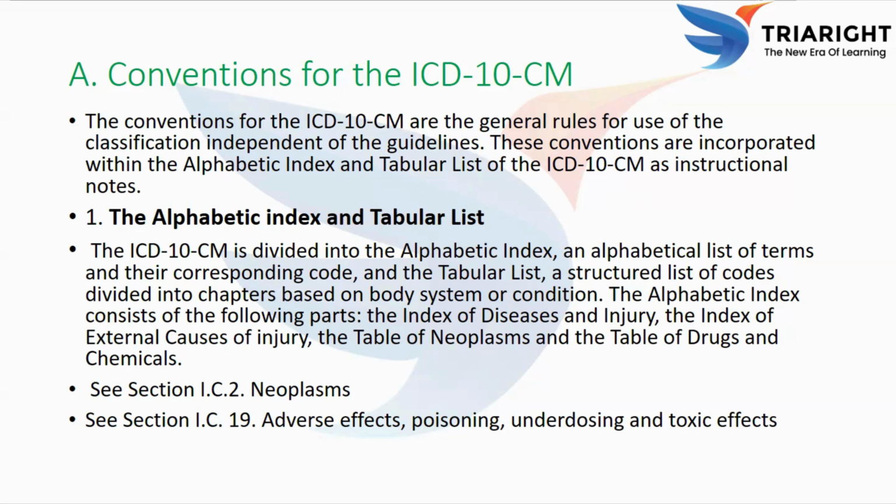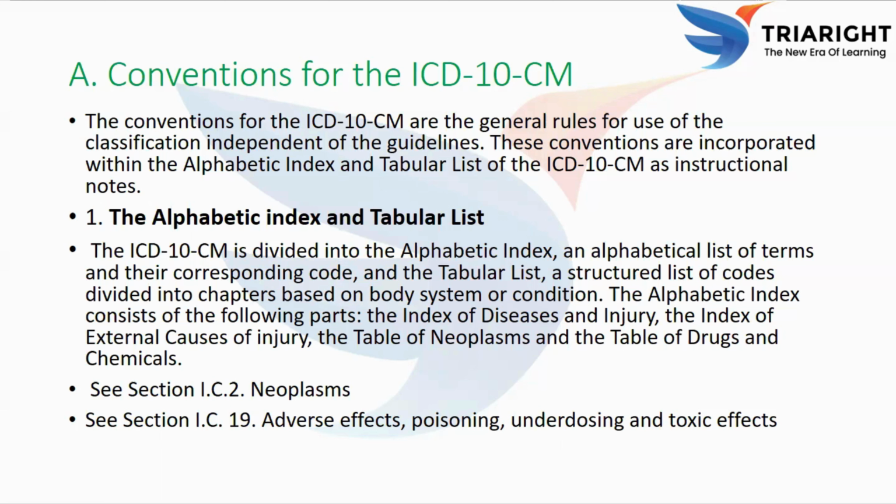So what are the general coding guidelines? There are some rules that apply to all the chapters in ICD-10. For example, you have to code to the highest level of specificity. You have to sequence the codes correctly. You have to use the combination codes. You have to code symptoms only when necessary.